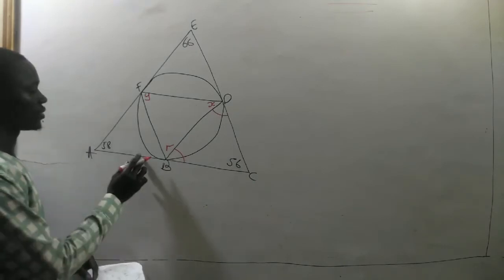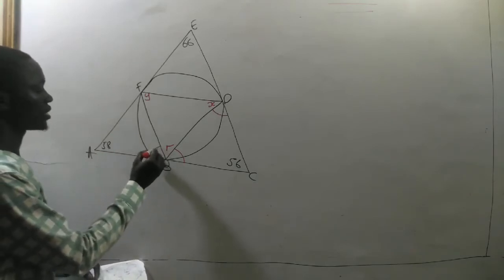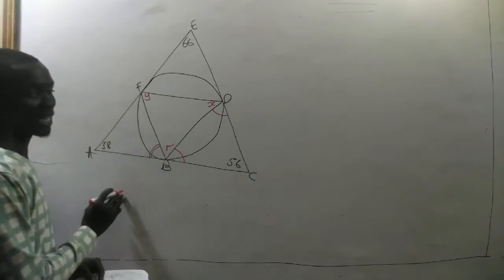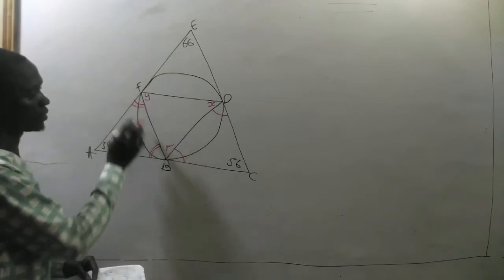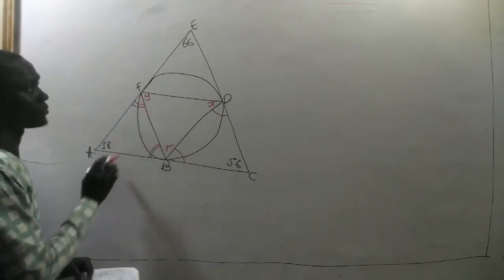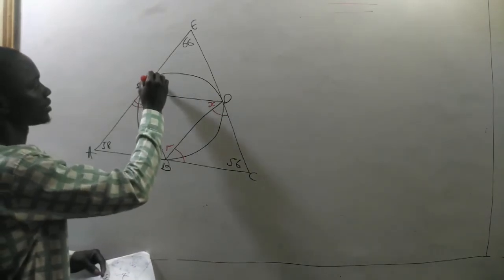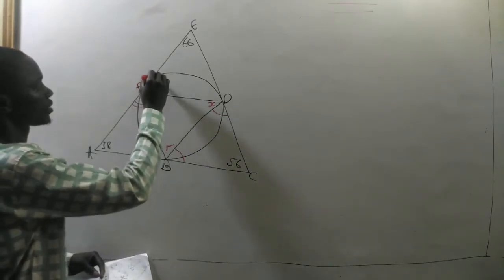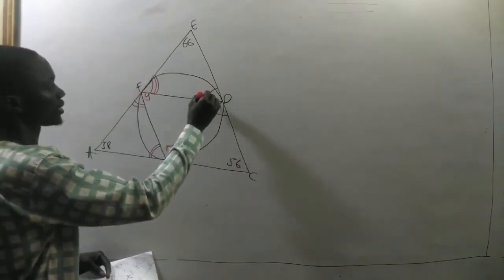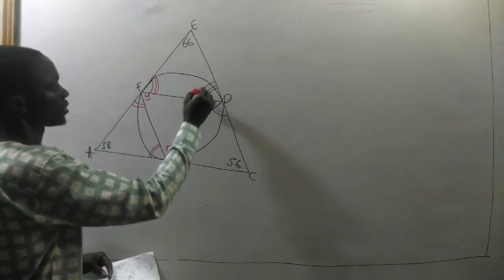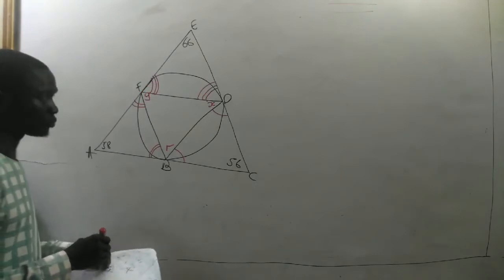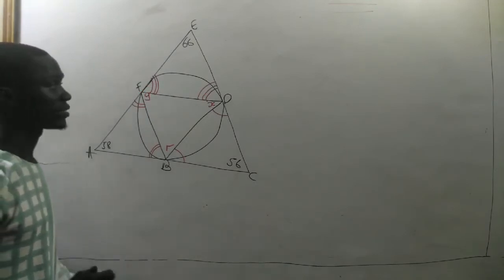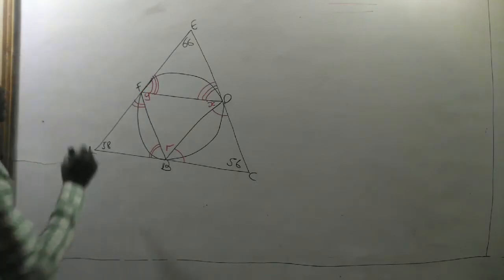And that's here too. The angle here and the angle here are the same. Here too, the angle here and the angle here are the same. And here, the angle here and the angle here are also the same. Let me give you a very short proof so that you understand yourself.